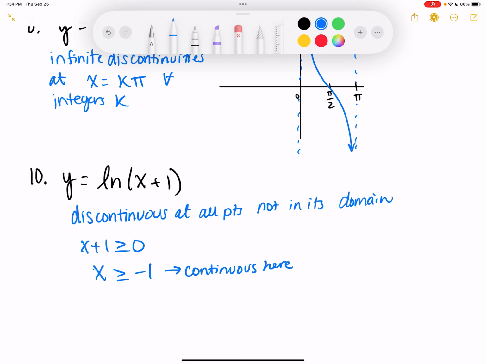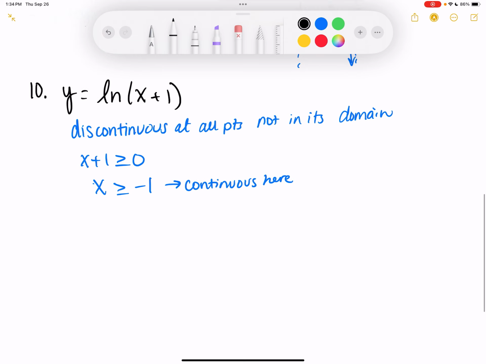All right, I'm going to backtrack to 7 just for a second. y equals the absolute value of x over x. Graph this one. Okie dokie.